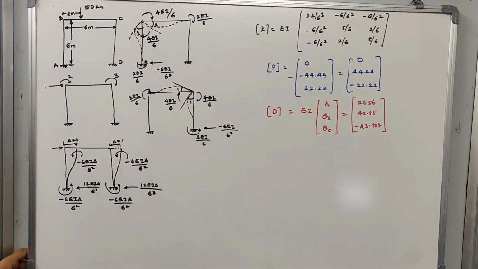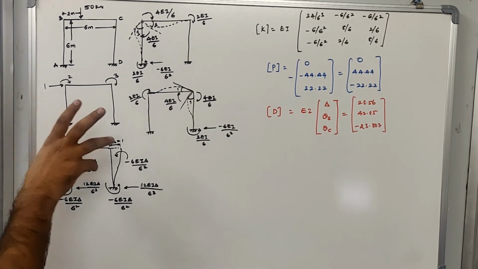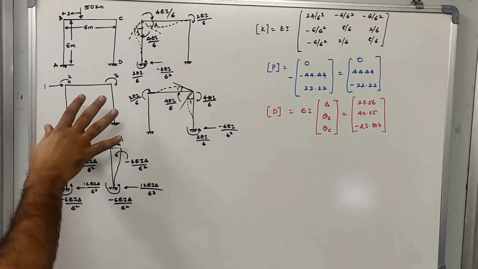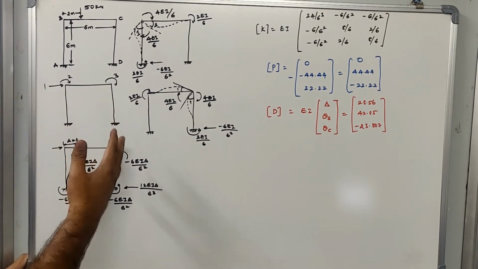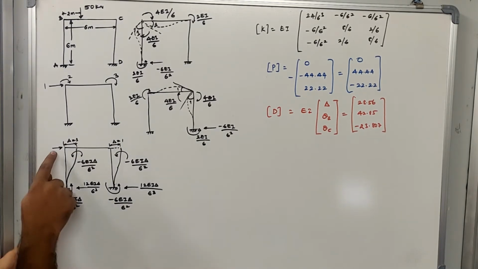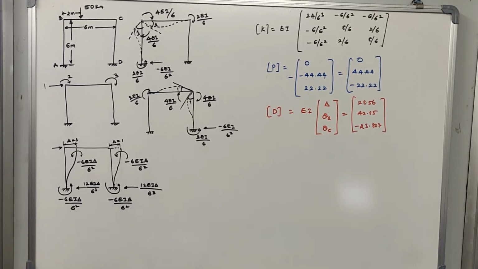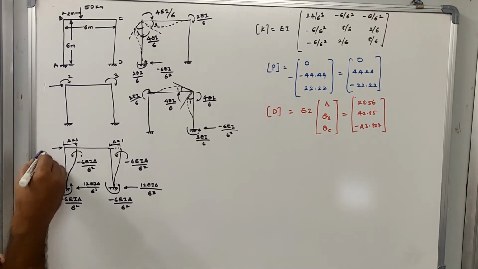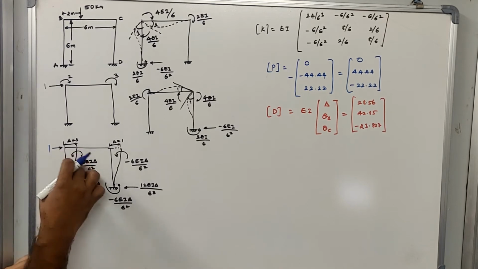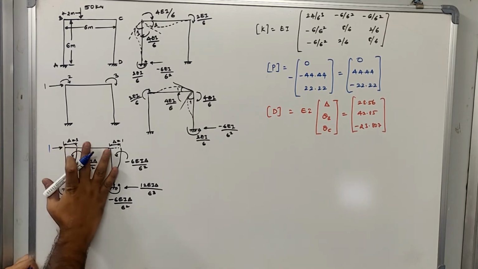So what we do is apply the unit force at all the joints and at all the coordinates, and then we will try to determine the forces. Let us start doing that. We need to apply a unit force over here, and by applying the unit force, we need to determine how much moment is generated at all the ends. If I apply a unit displacement at this point, this frame is going to sway like this.